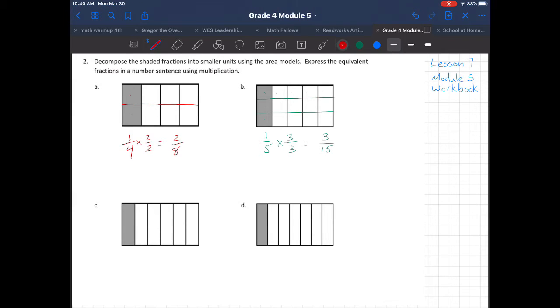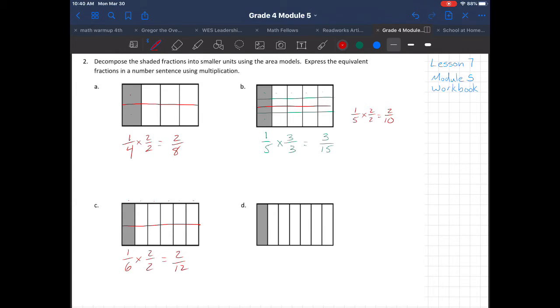I could have just drawn 1 line and said a 5th times 2/2 is 2/10. That would have been fine too. C, I'll stick with just the 1 line. These are 1, 2, 3, 4, 5, 6. 1/6 times 2/2 equals 2/12.